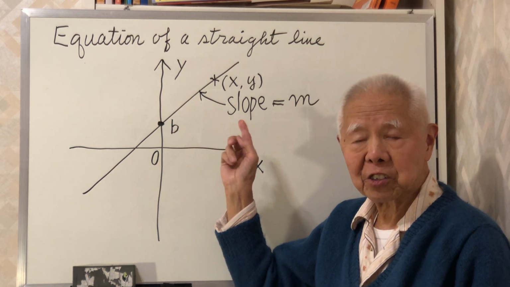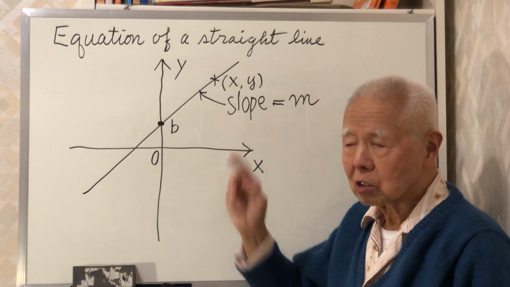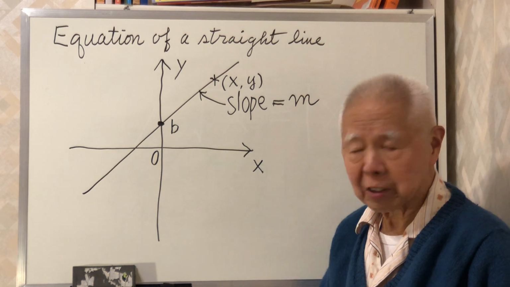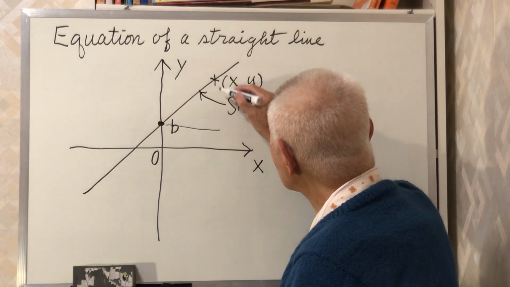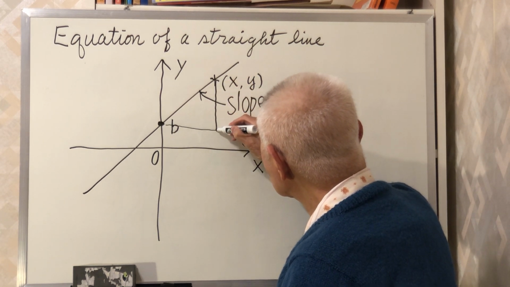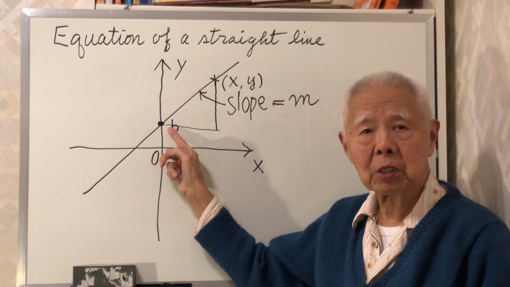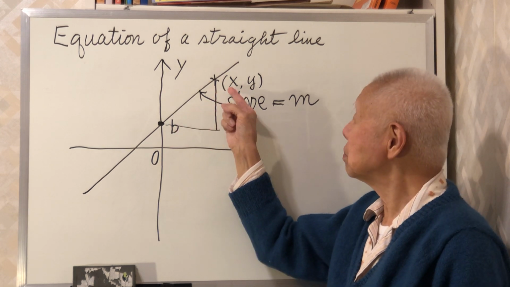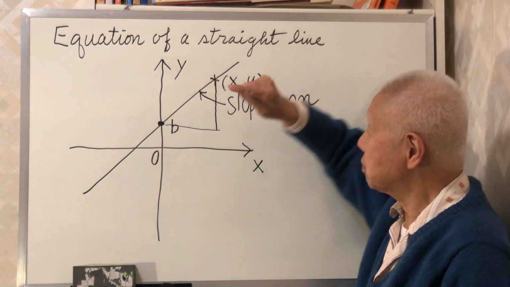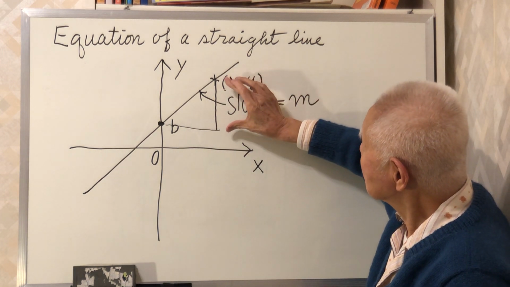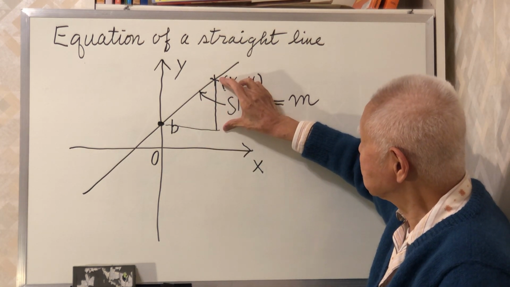Now you see that the slope is m, but the slope is rise over run. I have the y-intercept, and I have a general point, x y. So the rise is this. This is a rise.